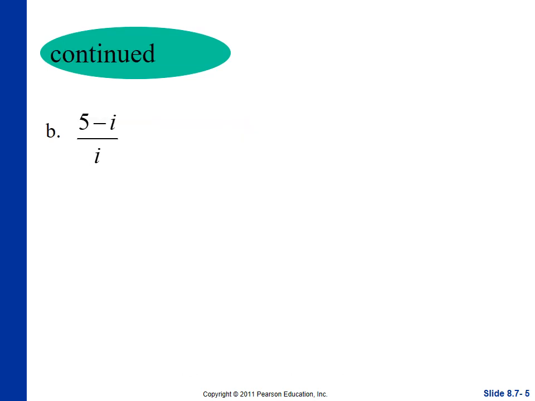Over here we have 5 minus i. Okay, so what's the conjugate of positive i? The conjugate of positive i is negative i, right? Because the bottom here can be written as 0 plus i, so the conjugate of that would be 0 minus i, okay?